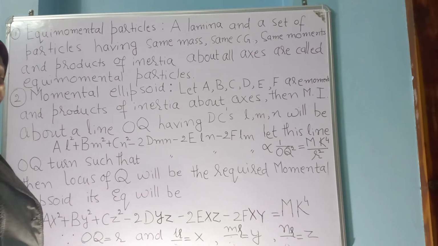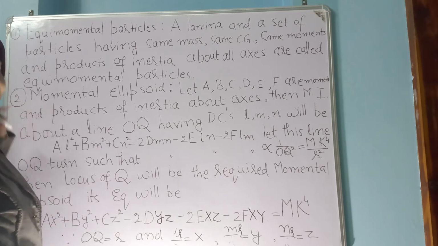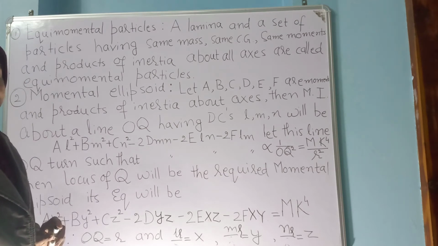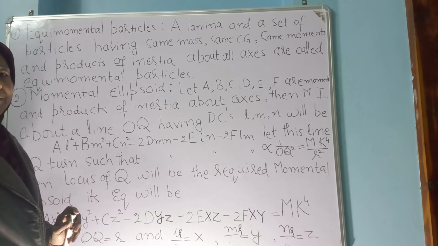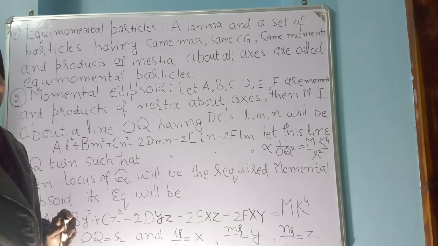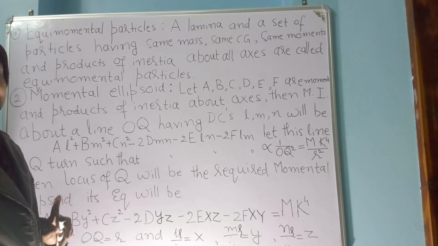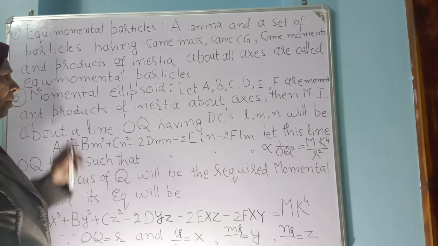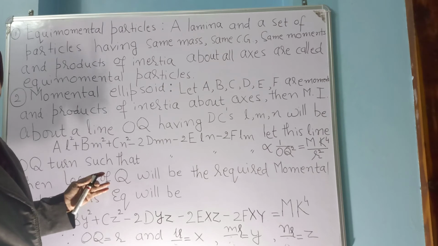So this equation represents a momental ellipsoid, and this is what we wanted to define. So now we are in a position to find the momental ellipsoid and the equimomental particles. Now one more term is left which I will introduce now, that is the principal axis.